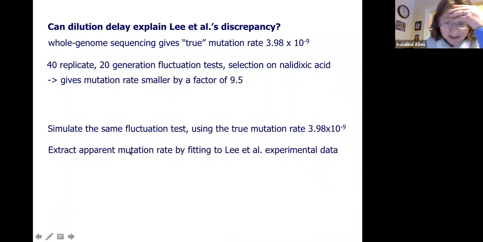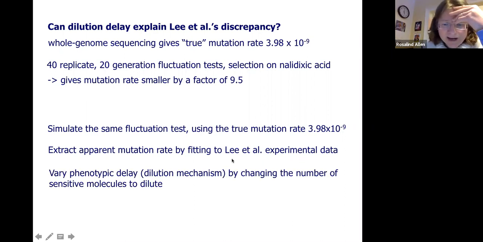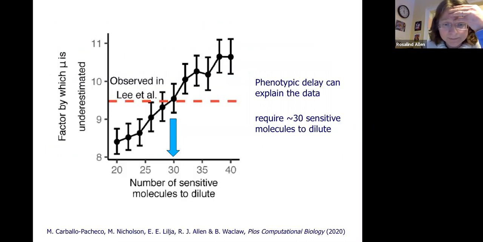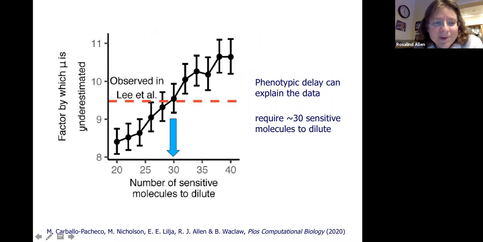We then extracted an apparent mutation rate by fitting our simulation data to the actual experimental data from Lee et al. We did that for varied amounts of phenotypic delay by changing the number of sensitive molecules to be diluted in the simulation. Here's the result. What's plotted is the factor by which we underestimate the true mutation rate in our simulations as a function of the amount of phenotypic delay, the number of sensitive molecules to dilute.